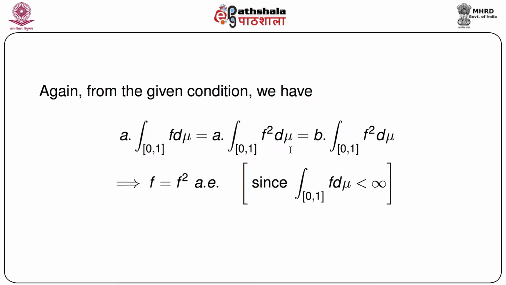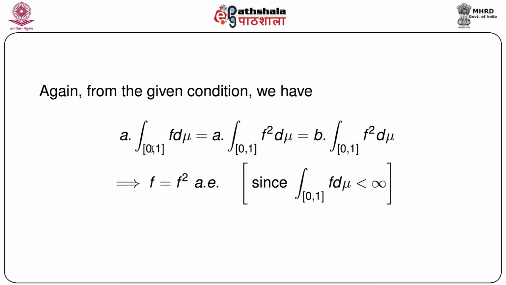So this becomes a times the integral of f squared dμ. And again, a times the integral of f dμ is nothing but b times the integral of f squared dμ. So this automatically gives us that a must be equal to b.